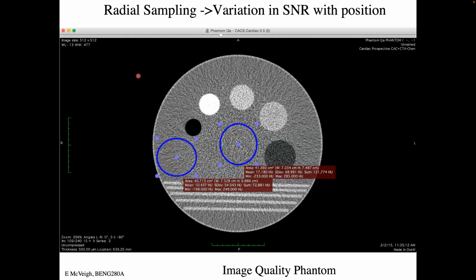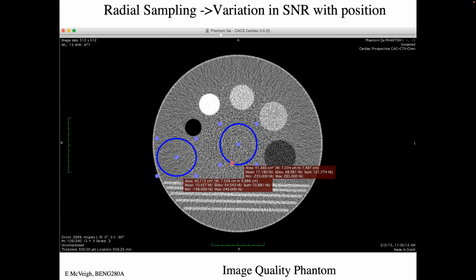Okay, so we can look at the variation in images you just obtain on any old clinical scanner, and the variation of signal to noise as a function of position in the field of view. Here in the center, we now know from this previous argument that we probably have the highest spatial resolution or the highest sampling of our object possible.